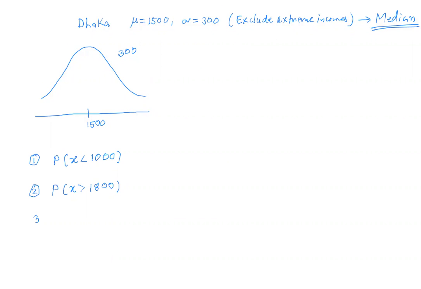Number three, the probability that a randomly selected person in Dhaka makes between $1,000 and $1,800. Please note that I have you go over these first and then do this, so there must be some relation between them. Number four, probability that someone makes exactly $1,500.